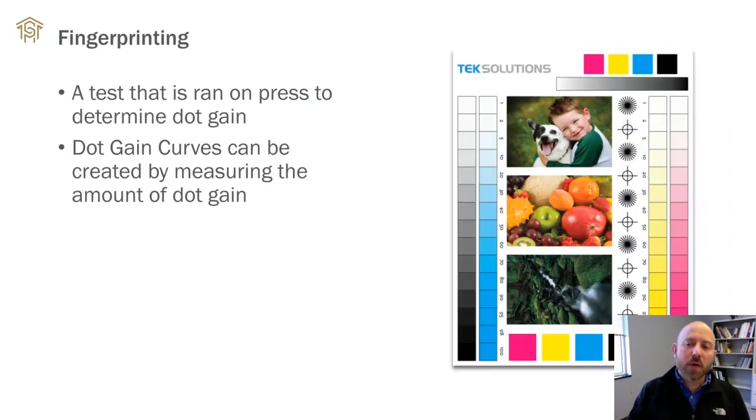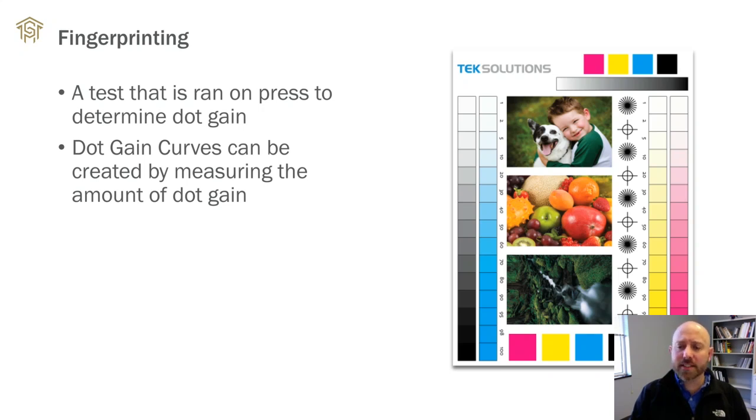One of the ways that we gain insight on how a device reproduces tones is through a process called fingerprinting. This is essentially running a test on a press or a printer of any type and examining how the dot gain is occurring.